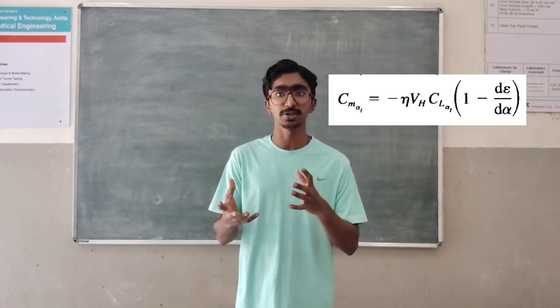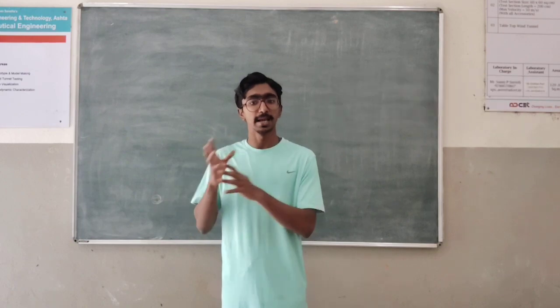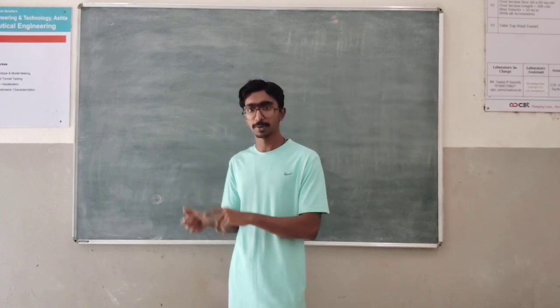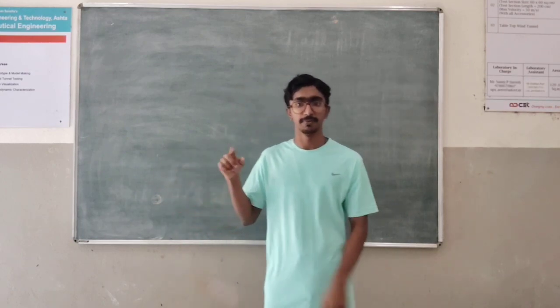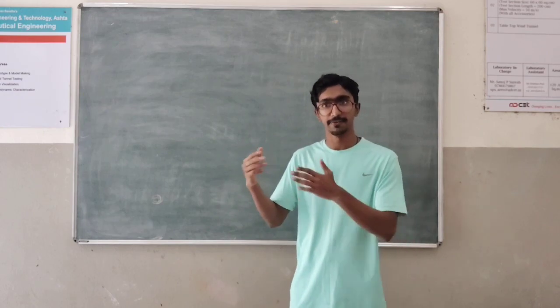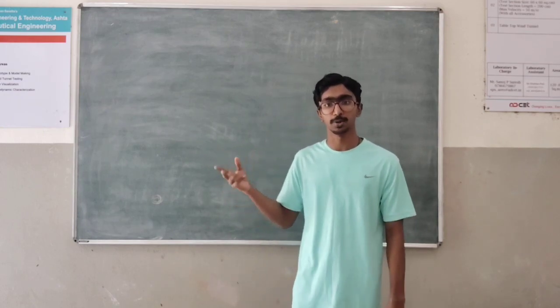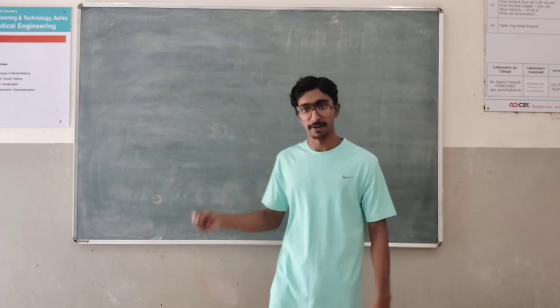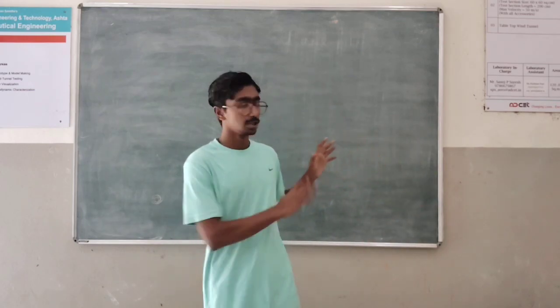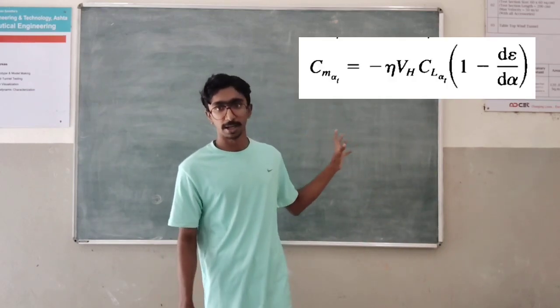Tail basically consists of the elevators and rudders. Then in the bracket, 1 minus the derivative of epsilon with respect to the angle of attack. I will be placing the formula over here so you will understand it thoroughly.